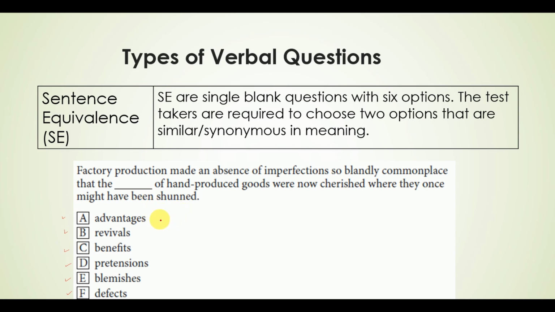So remember, you're not supposed to select one answer. For a complete correct answer, you need to choose 2 answers that both will complete the meaning of the sentence. So remember, you have to choose 2 options that are synonymous and that will complete the meaning of the sentence individually.